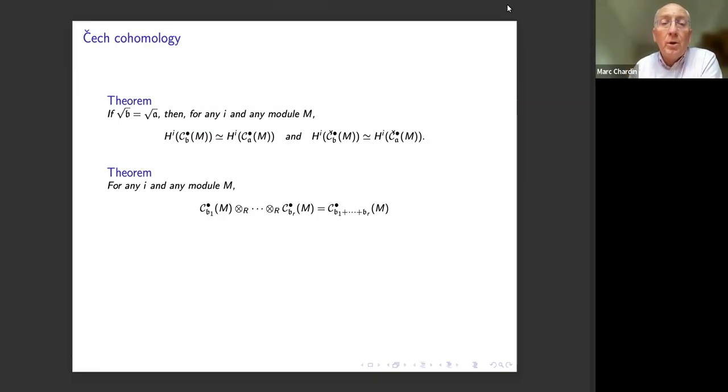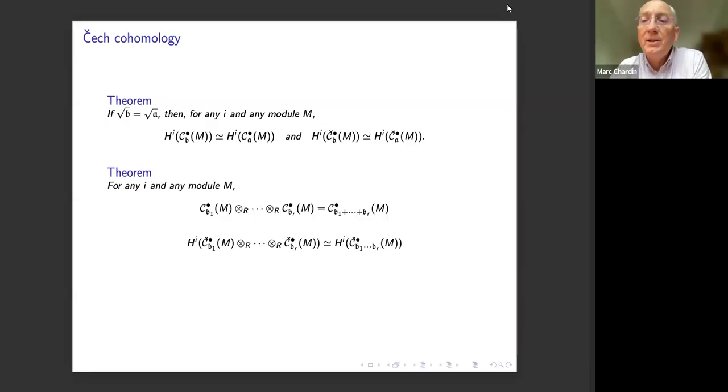And the other fact that's also interesting and maybe less known is that if you take the tensor product of the other Čech complexes, where you don't start with the module but with the localization, then this is not isomorphic, but it's quasi-isomorphic. So the ith cohomology of this tensor product is the ith cohomology with respect to the product. Okay.